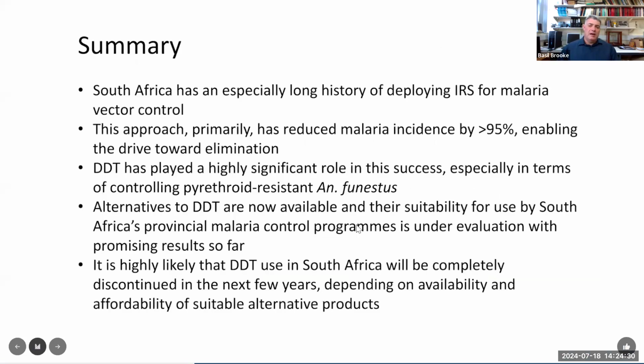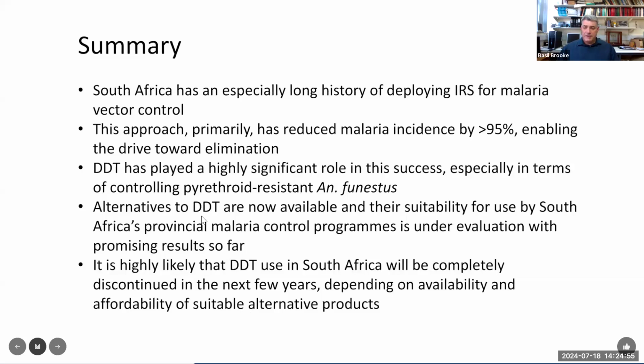So in summary, we have an especially long history here in South Africa of deploying IRS for malaria vector control. In fact, I think our IRS program, in fact, I don't think I know, it is the oldest in the world. The methodology was developed here in South Africa. So it's one of the innovations that started here, and we have been doing it longer than anybody else.